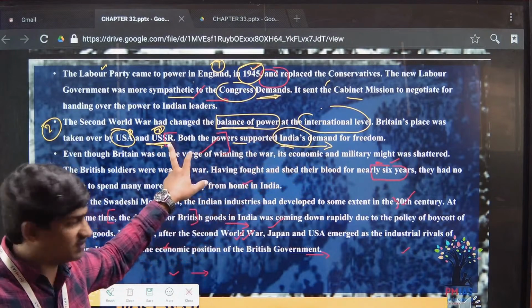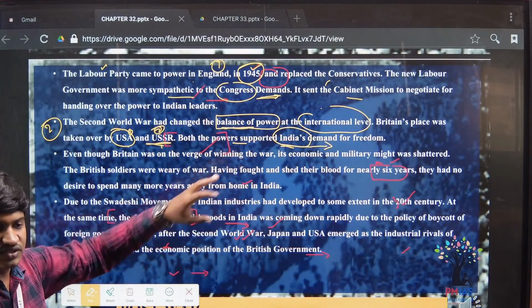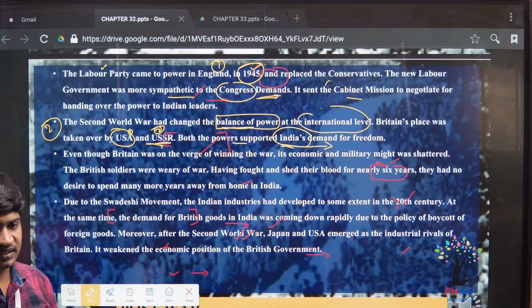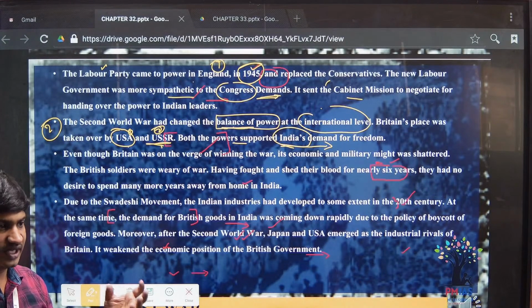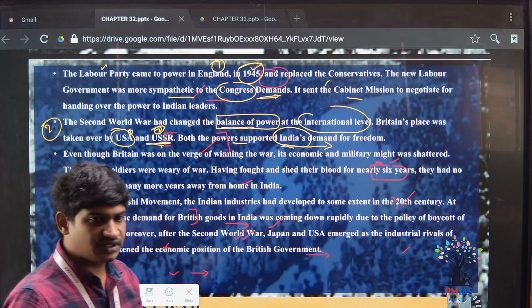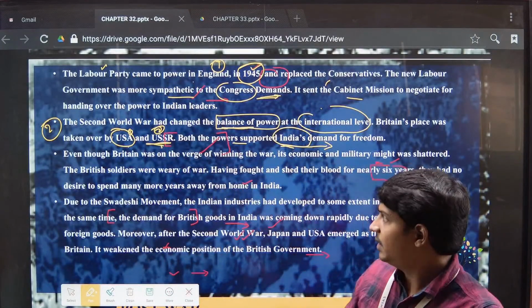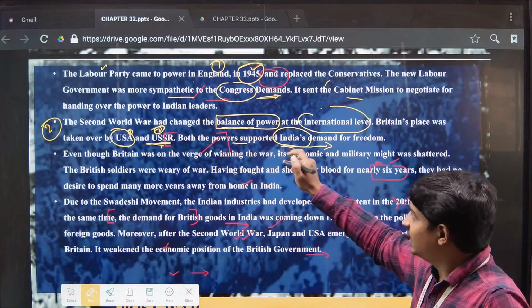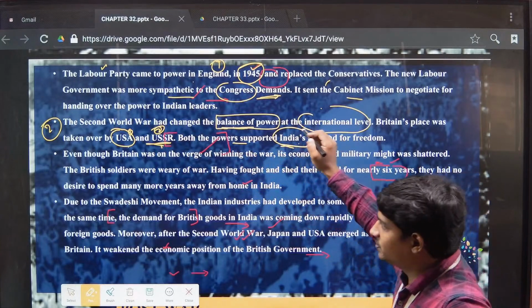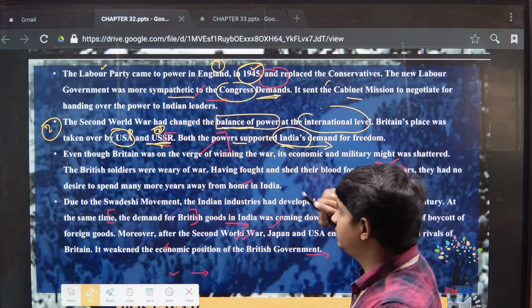So these powers forced the British, and it became an extra burden for them. The Labour government was already in a decision to grant the transfer of power to the Indians. That is fine, but with additional pressure, they were left with no option other than granting independence to India.